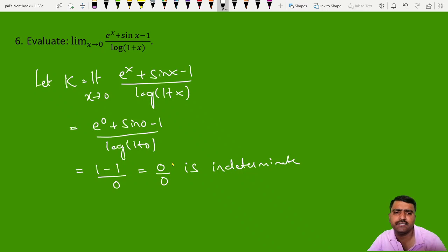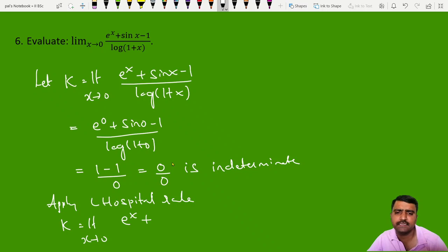This assumes an indeterminate form. Okay, then you apply L'Hospital's rule. So then we have k equal to the limit as x tends to 0: the differentiation of e power x is e power x, plus the differentiation of sin x is cos x, minus the differentiation of 1 is 0, divided by the differentiation of log of 1 plus x, which is 1 by 1 plus x.